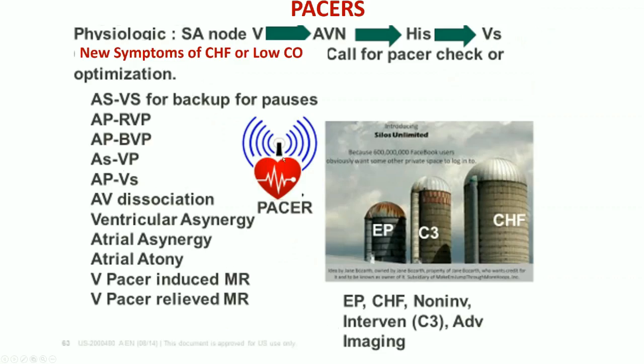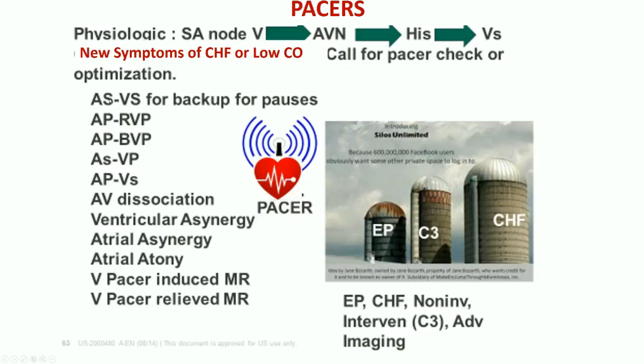And so we're going to talk about pacers, if we're going to talk about left bundle. Talking about pacers is pretty important because a lot of patients we see with congestive heart failure have BiV pacers. A lot of them have ICDs, and those are intracardiac defibrillators. So let's look at all the kinds of pacer functions that we can have on individual patients and need to evaluate and understand.